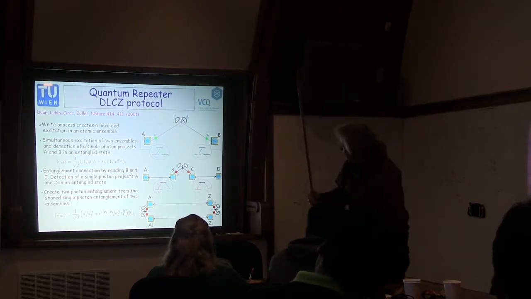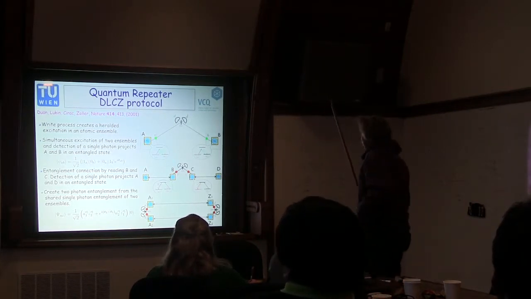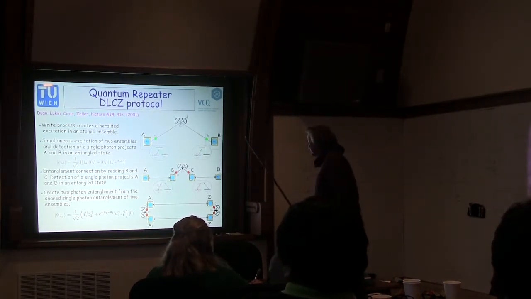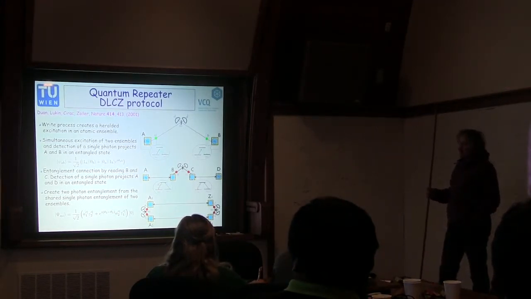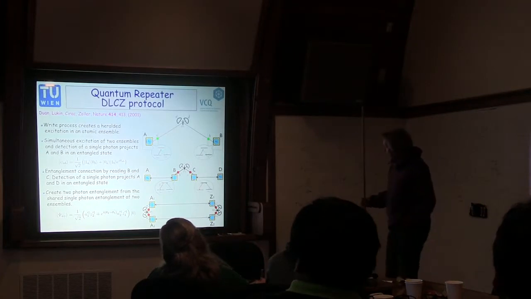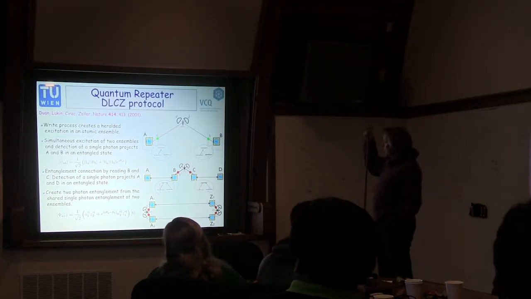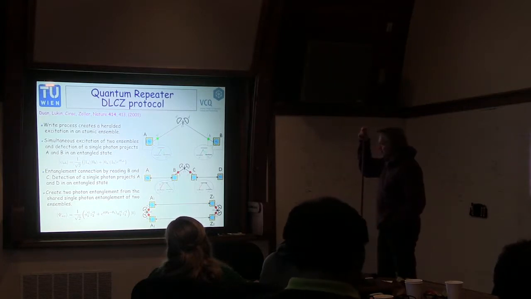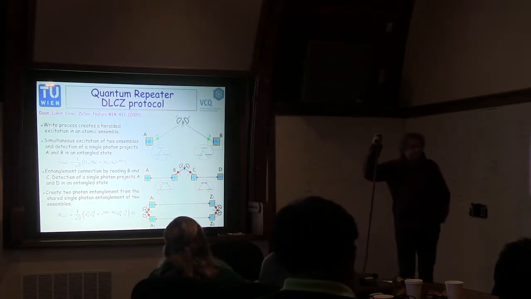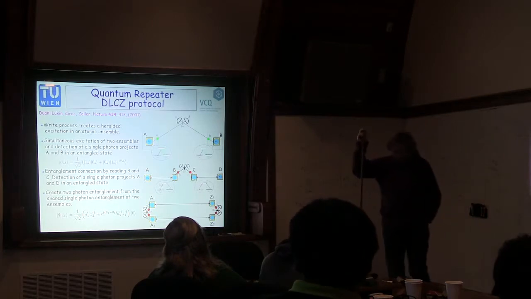And there comes a seminal paper by Lukin, Duan, Cirac, and Zoller in 2001, where they really made a protocol, which is now always called the DLCZ protocol, which tells you exactly what type of physical system you want in order to do that.